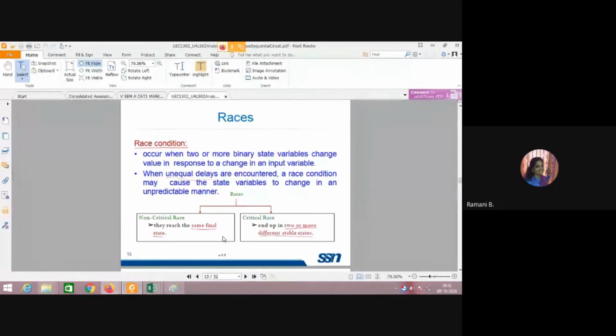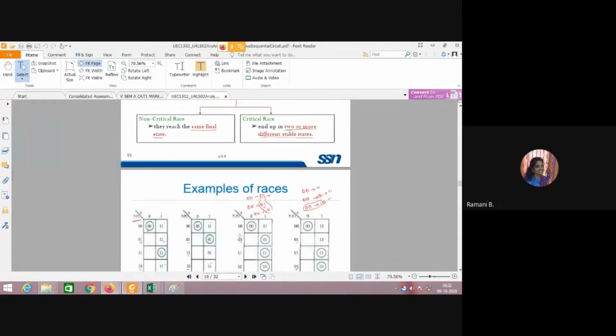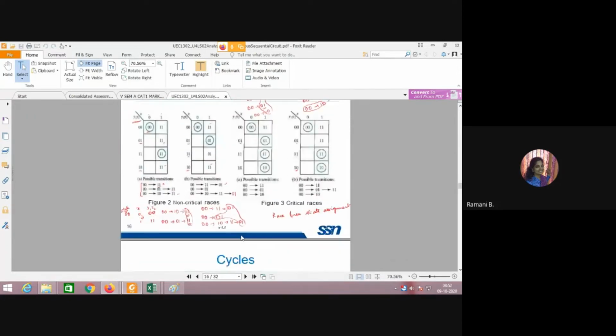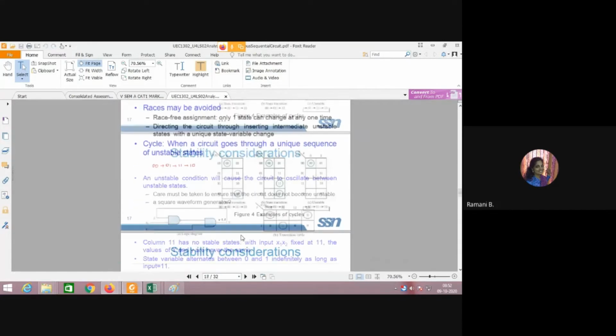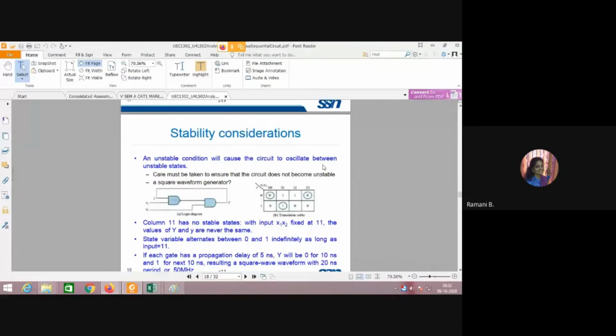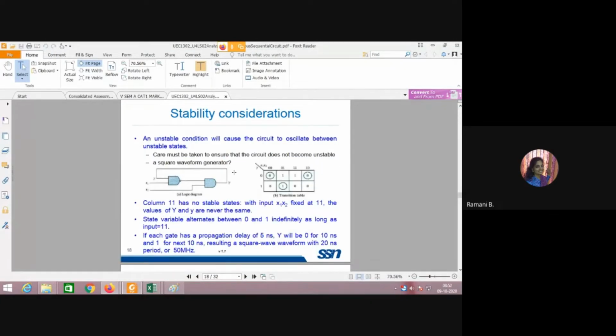And I was mentioning that in order to overcome this race condition, we will be doing race-free state assignment. We will be seeing that in a later class, and we saw examples of these races, and we also saw cycles. Okay, next we shall see a small topic, stability consideration.